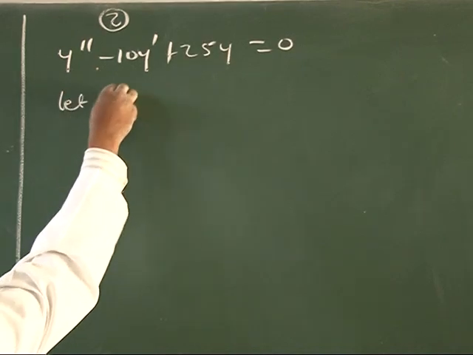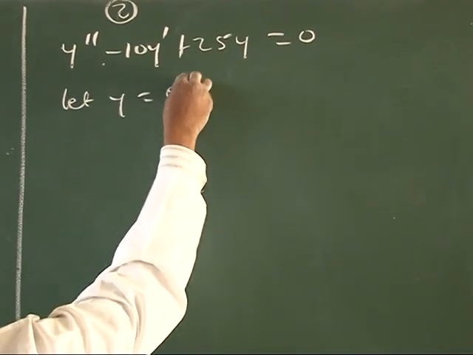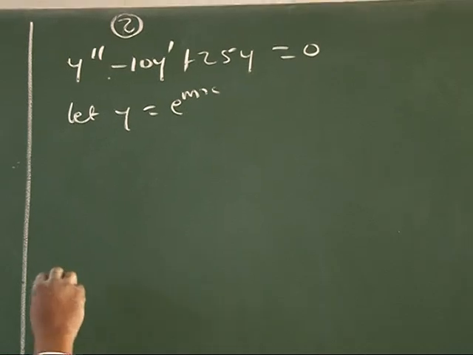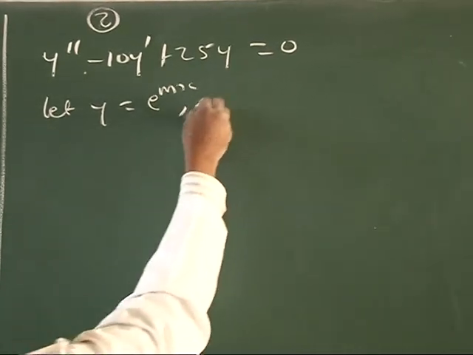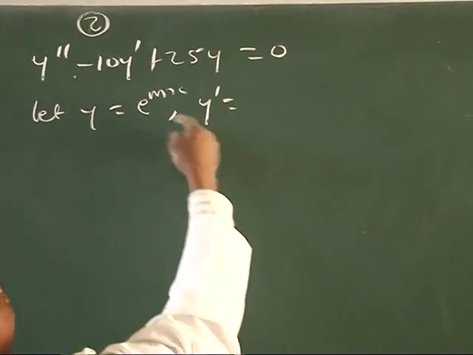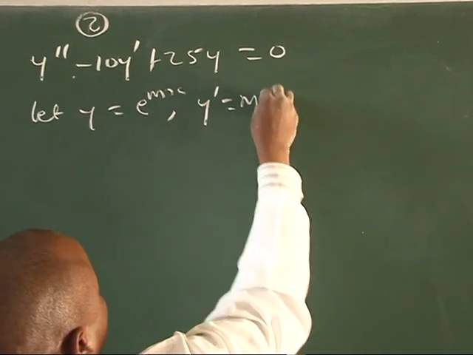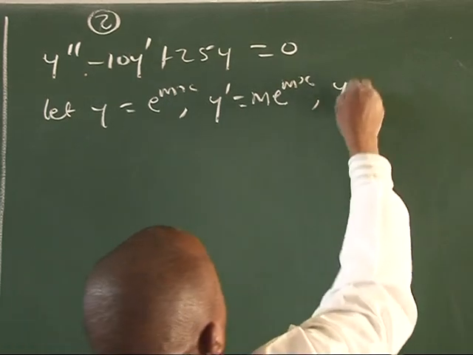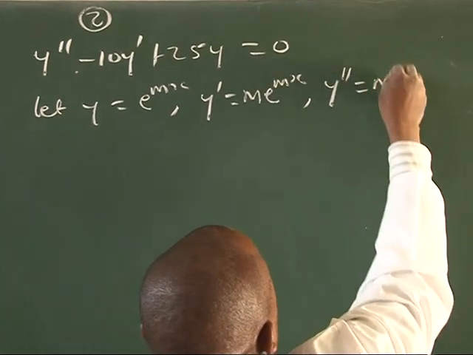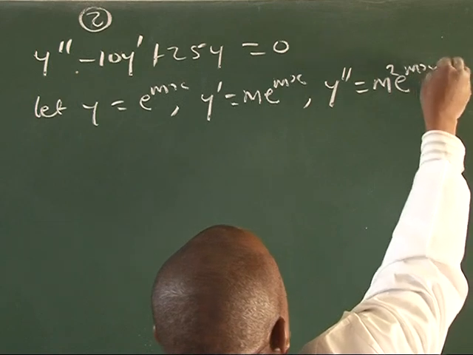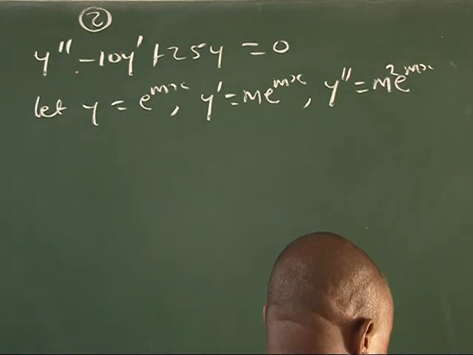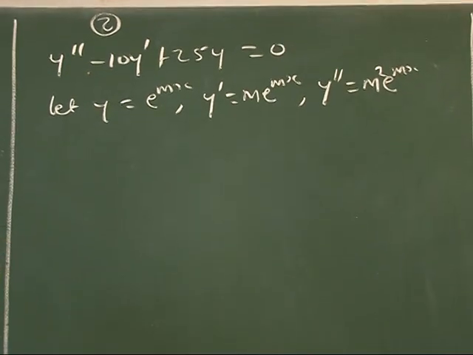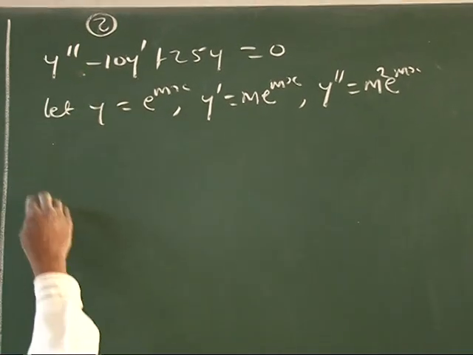Now, let y is equal to exponential mx, so that y prime will be m exponential mx, and y prime prime will be m squared exponential mx. Now we put this in the equation.